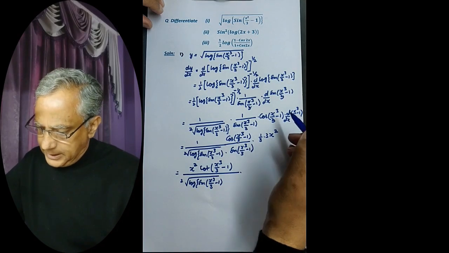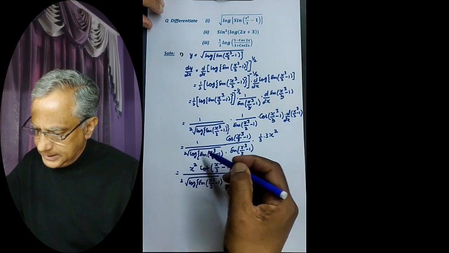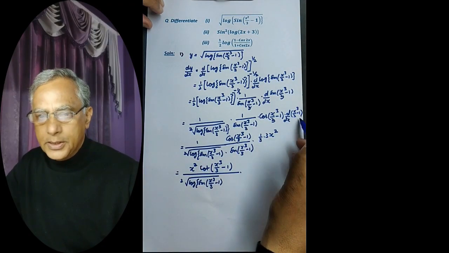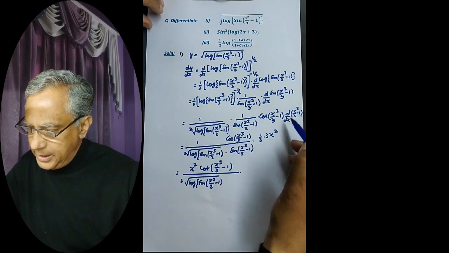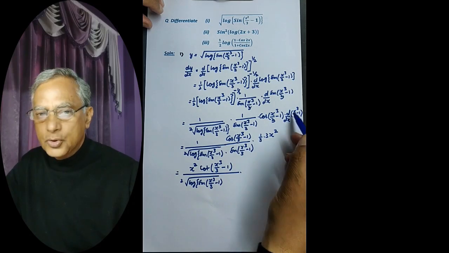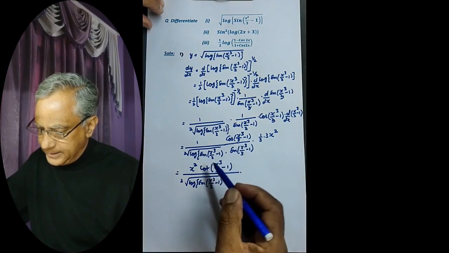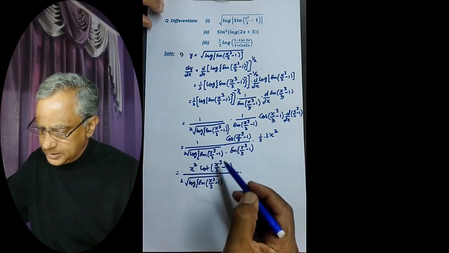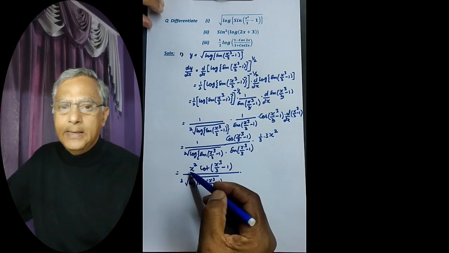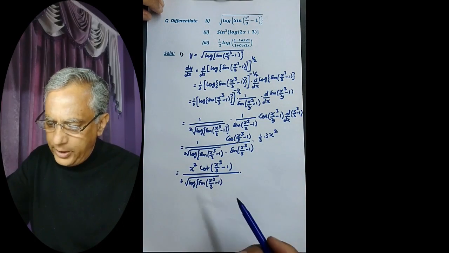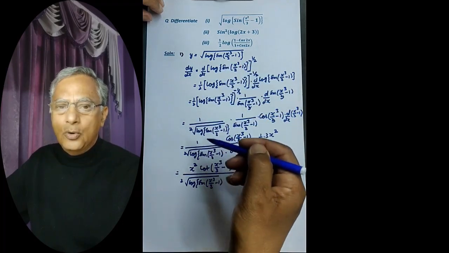Now this term is written as it is, and here we differentiate this function. So this is 1 by 3 into 3x square. These two cancel and we can simplify and write this as cotangent, and this term has been written here and we got the answer. So this is how we repeatedly use chain rule.